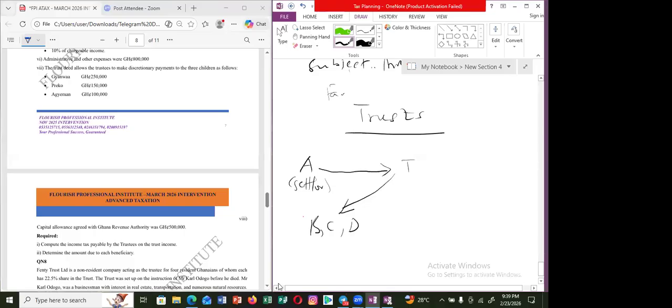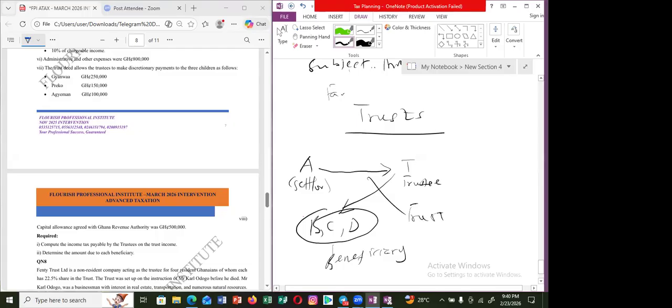Those incomes are then shared to B, C, and D as and when. So A is called a settler, T who is managing the property is called a trustee, and B, C, and D who benefit from the trust are called beneficiaries. The whole relationship is a trust relationship.